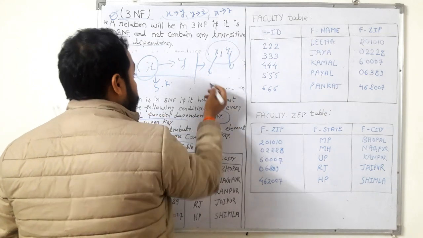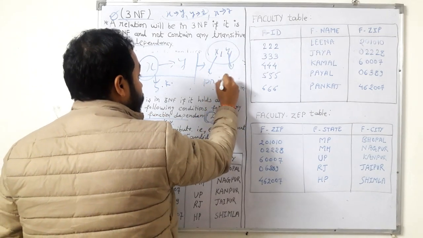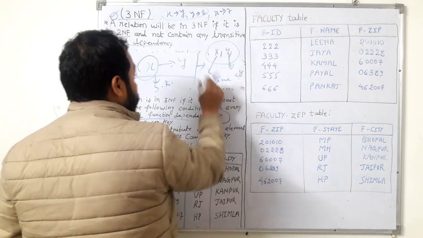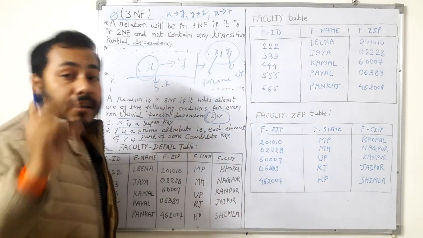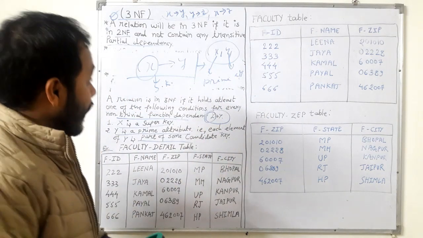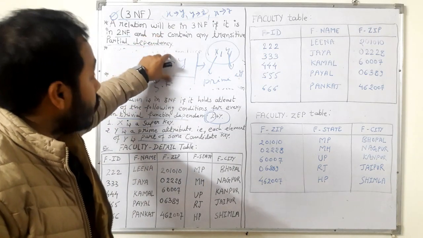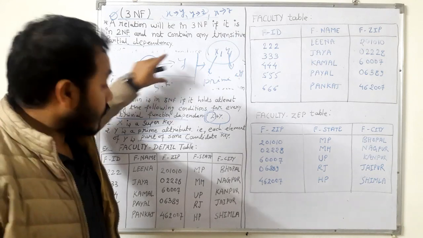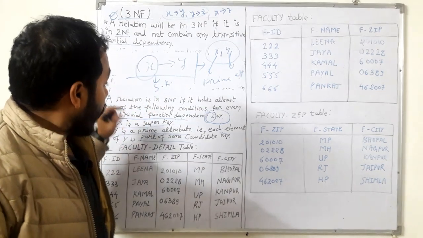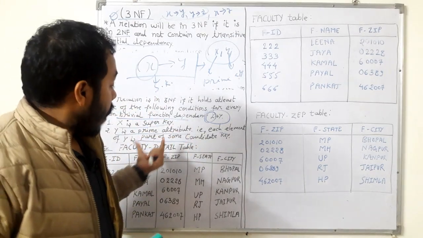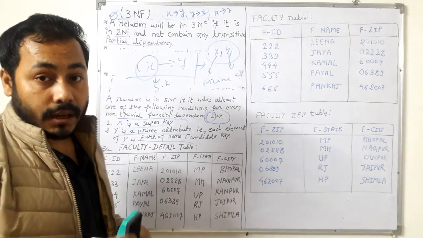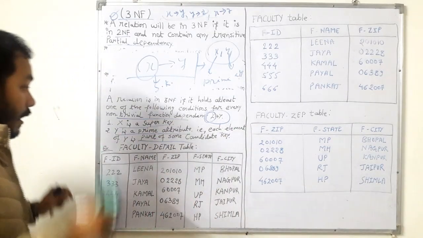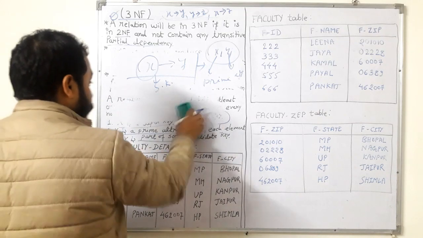Then each of them will be known as a prime attribute. So if this part is a prime attribute, then also we can claim that this particular functional dependency is in third normal form. Clear? And this you have to remember when solving problems related to third normal form. Clear?